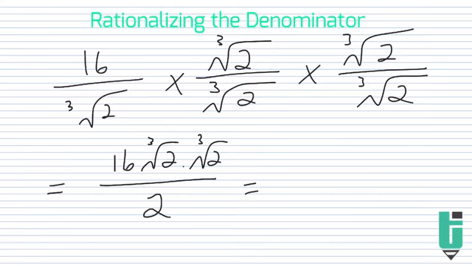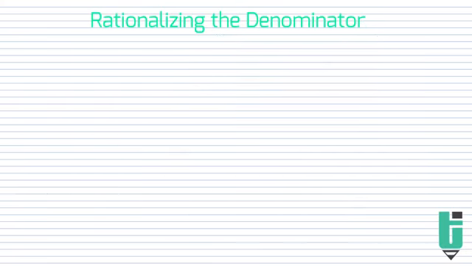We can simply divide 16 by 2, and we'll get 8. And since we have the same type of radical, the cube root, we can simply multiply the 2's with each other and bring them within the same cube root. So we have the cube root of 4. Cool. And that'll be your answer.